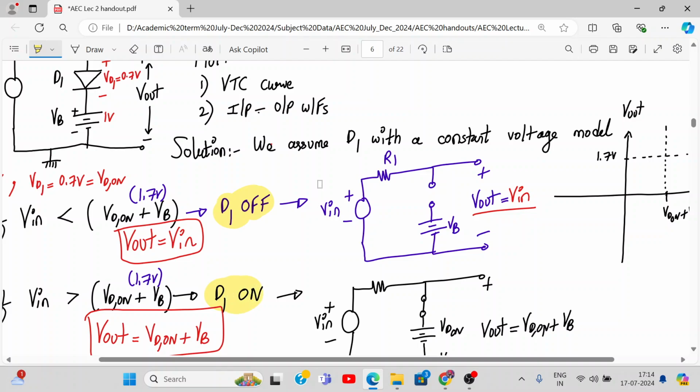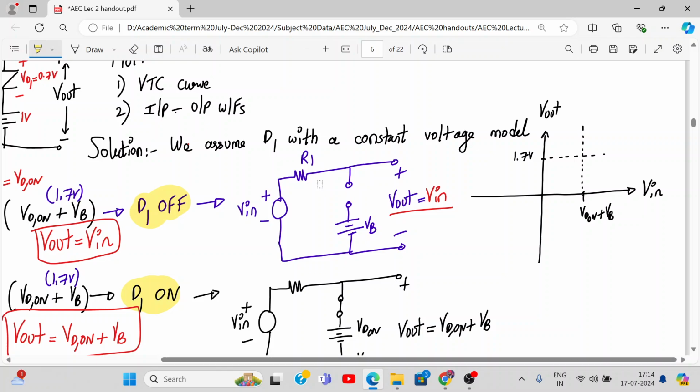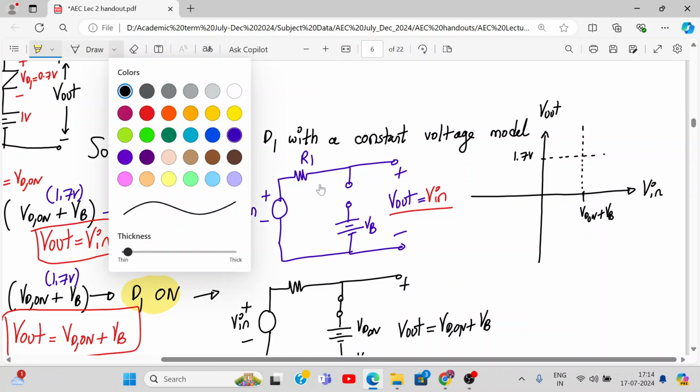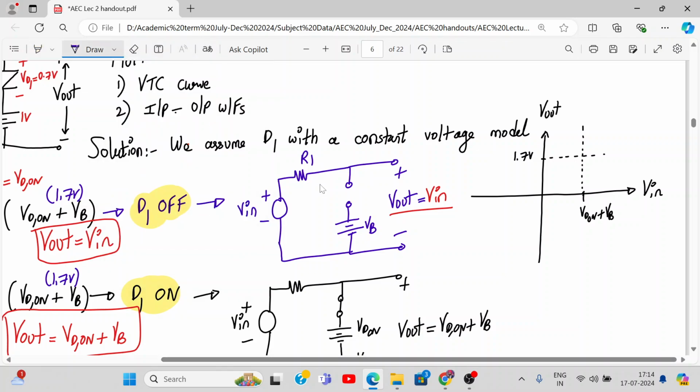And what will happen? V out is equal to V in. So you have a straight line passing through the origin, and where will it stop? Here. So this is the boundary. This side of the line V in is less than VD on plus VB.